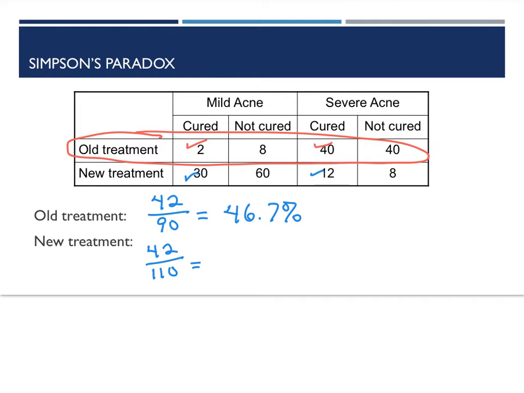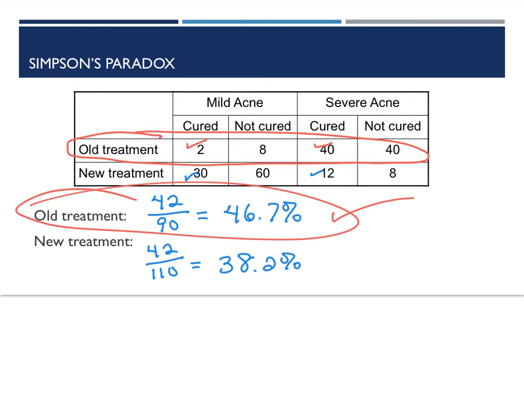So 42 people were cured again, but this time it's out of 110 people. That's only 38.2%. So if I ignore whether somebody had mild or severe acne, it's the old treatment that worked best overall.